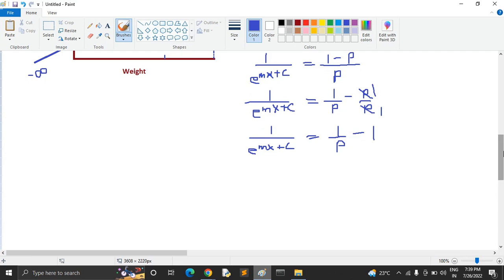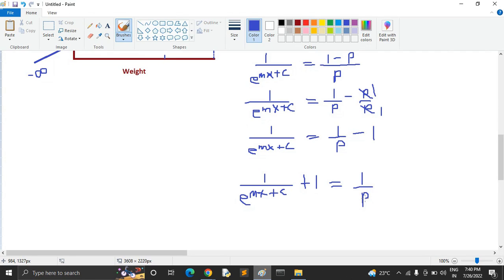If I do that, the minus will become plus, so 1 upon e to the power mx plus c plus 1, and at the right hand side we'll be getting only 1 upon p.